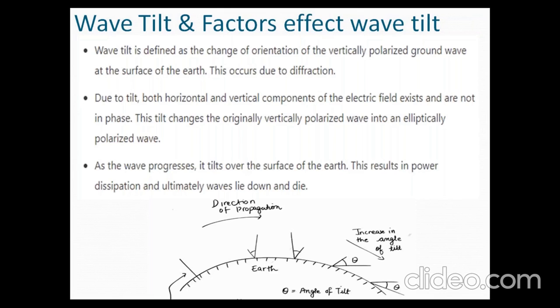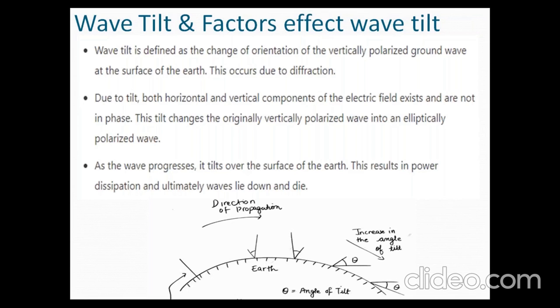Lower frequency means more wavelength, and more wavelength means it can tilt along the obstacle. That is what wave tilt is. And as the wave progresses, due to the induced wave by the earth, the wave will get attenuated. So this results in very high power dissipation.